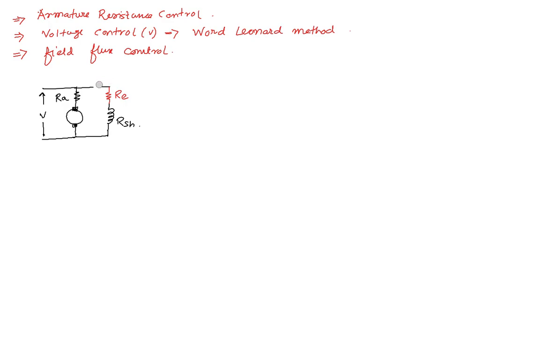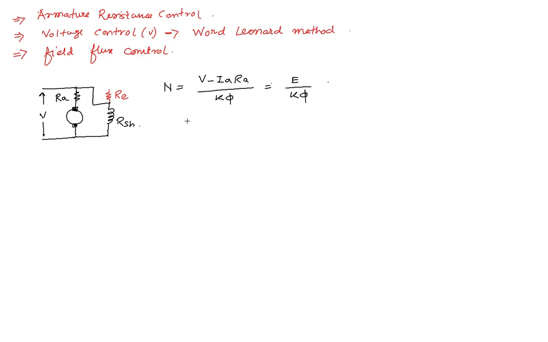Okay, that means we can draw this diagram like this. So N is what? We know that N is equal to V minus IA RA by K into phi. That is nothing but E by K phi. We have already derived it.